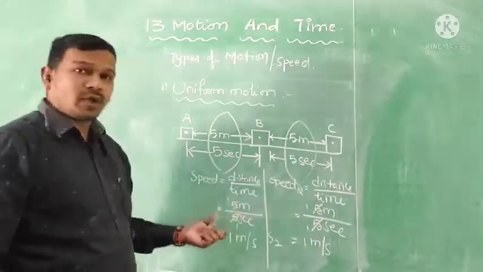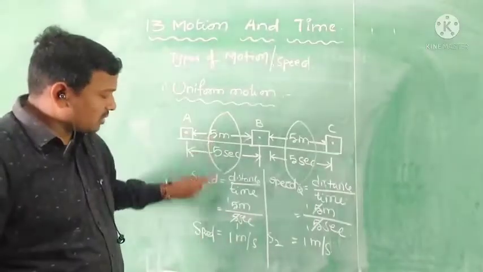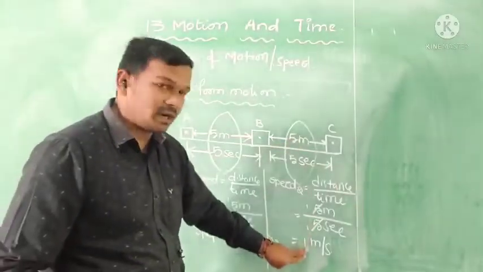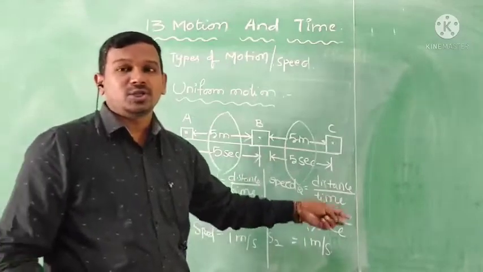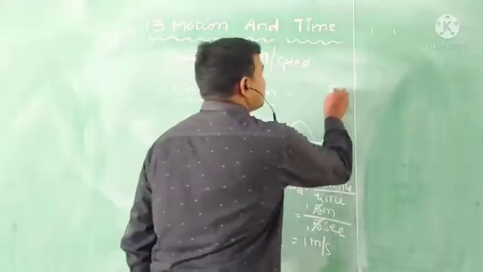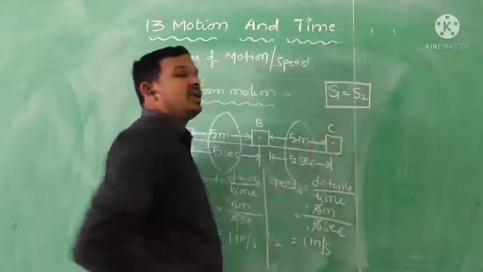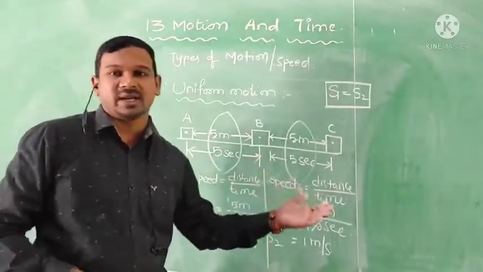In situation 1, the speed of the body is 1. In situation 2, the speed is also 1. In both situations, the speed is 1 meter per second only. So we can write S1 is equal to S2, meaning the body is maintaining uniform motion throughout its journey.